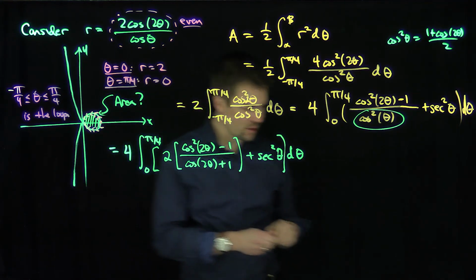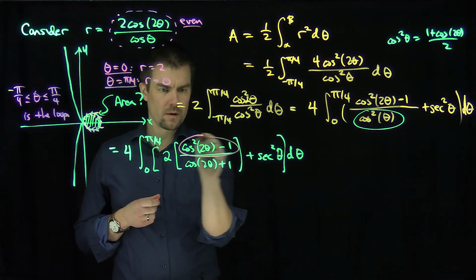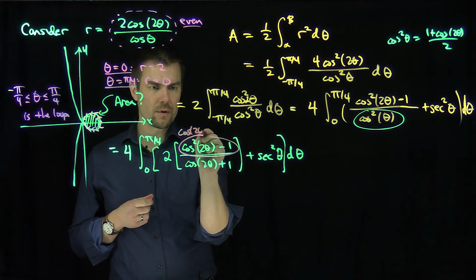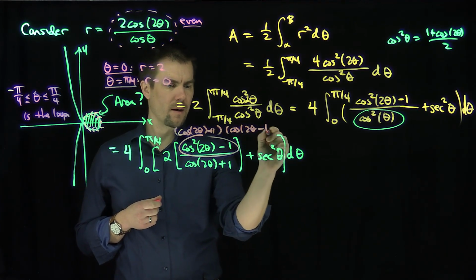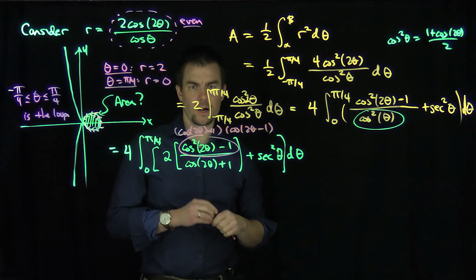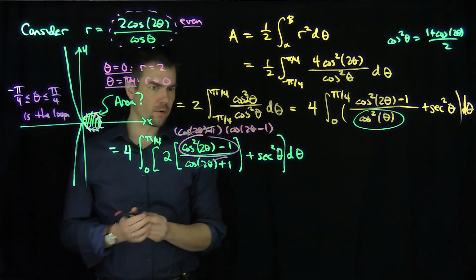And now the key thing to observe is that this expression is really the cosine of 2 theta plus 1 times the cosine of 2 theta minus 1 by factoring. And so the cosine of 2 theta plus 1 will cancel out, and I get an even simpler formulation of my integral.